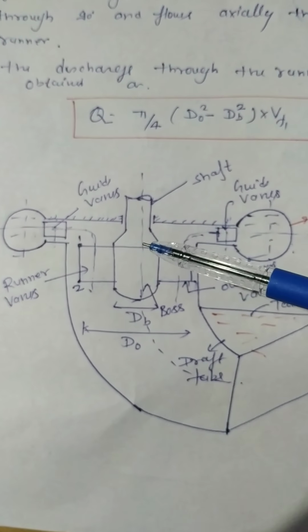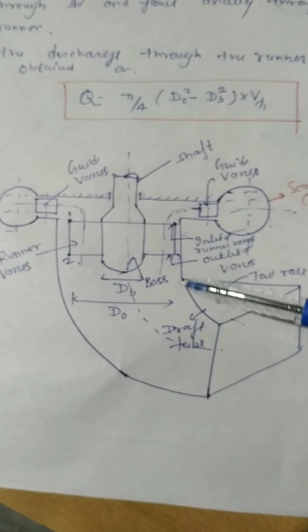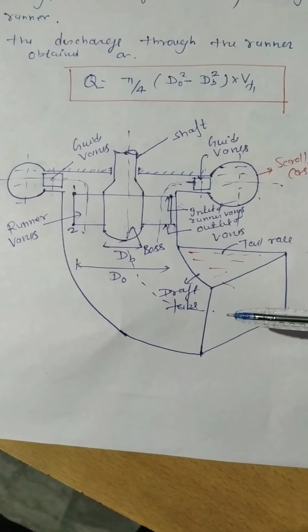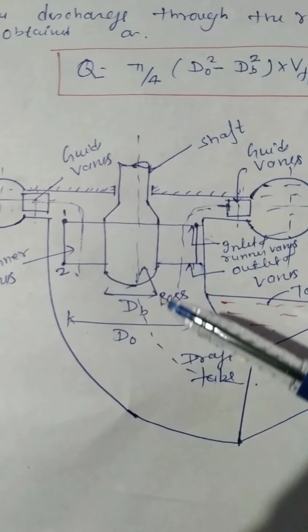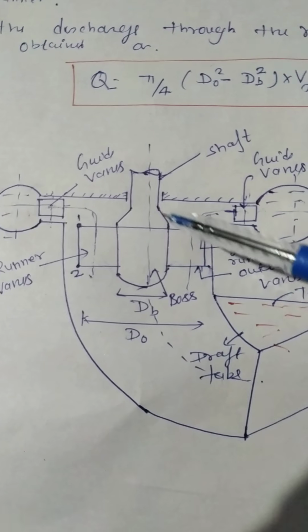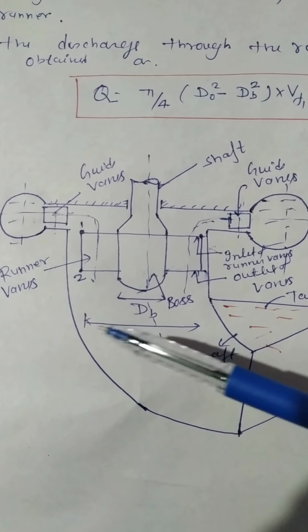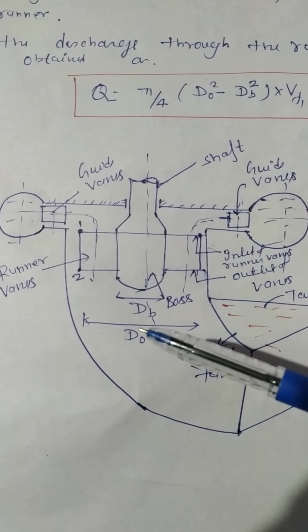And as we all know, a pipe which is having increasing area is known as the draft tube. So this part is known as the boss, as I told you, and having the diameter dB, and this is the outer part, right?